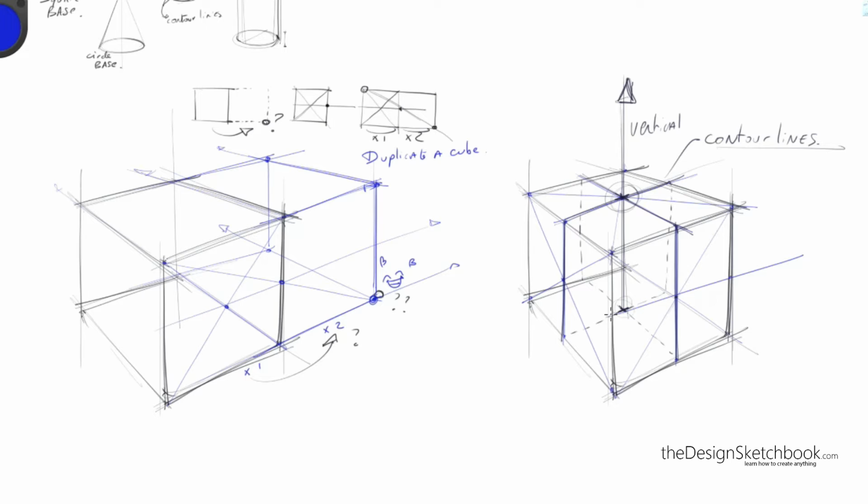Let's carry on with the contour lines that are on the front surfaces right here that are horizontal. If you had this cube just in front of you, that goes to the vanishing point behind. Vanishing point right, vanishing point left, I go VP.